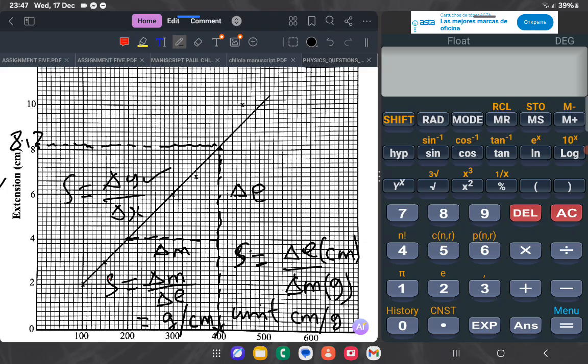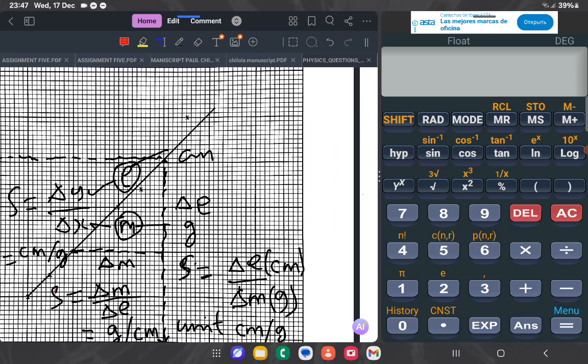So y is extension and x is the mass. You're dividing the change in extension by the change in mass, and extension is in centimeters, mass is in grams. Therefore, the unit of slope is centimeters per gram.